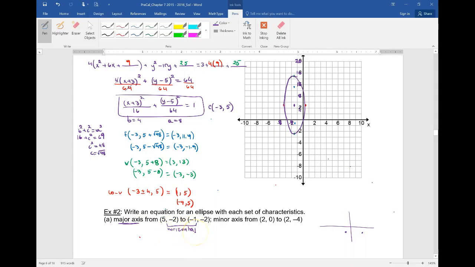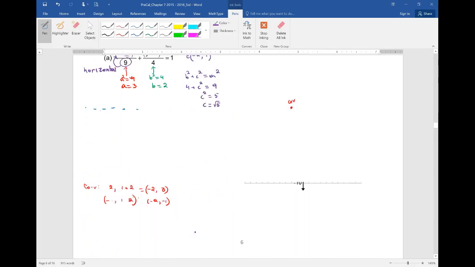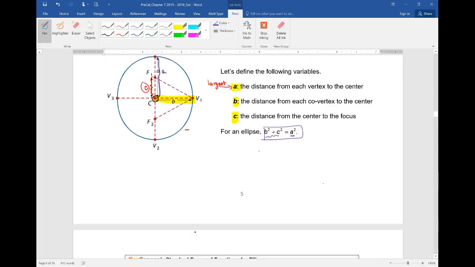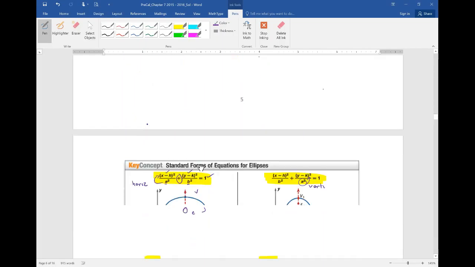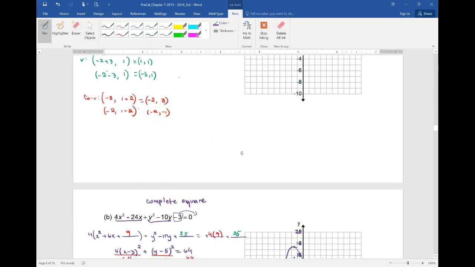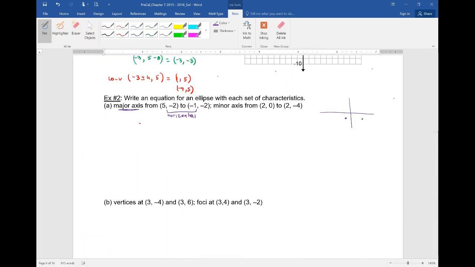Okay, now, if you go back to the major axis to how I defined it before, if A is the distance from here to here, what's the length of the entire major axis? 2A. If this is A and this is A, the entire major axis is 2A, okay? Now, if you rely on your counting skills, the Y values are the same.